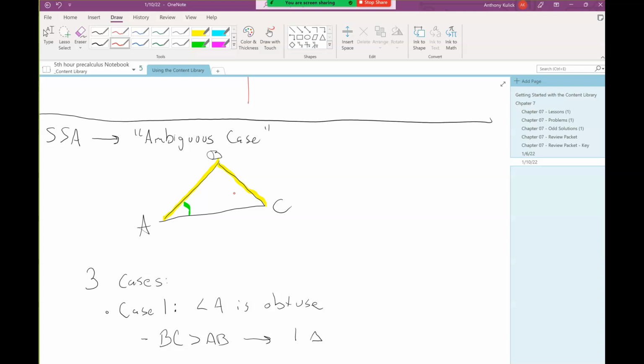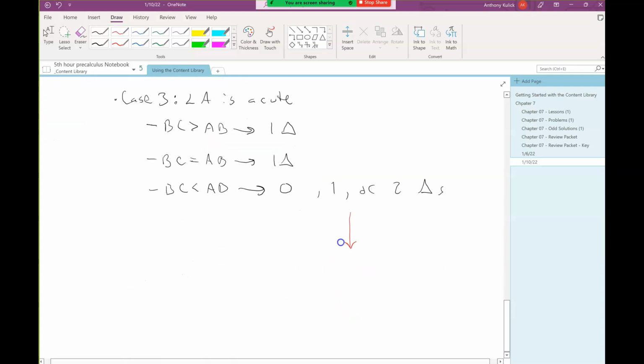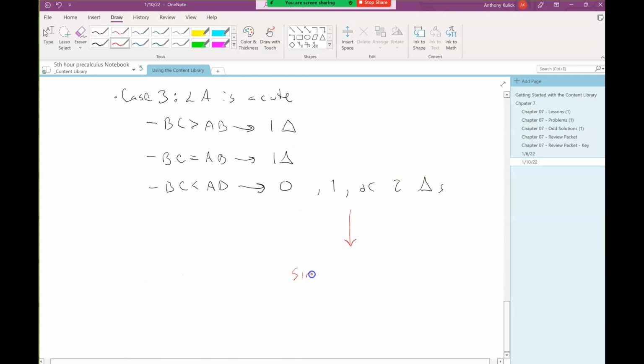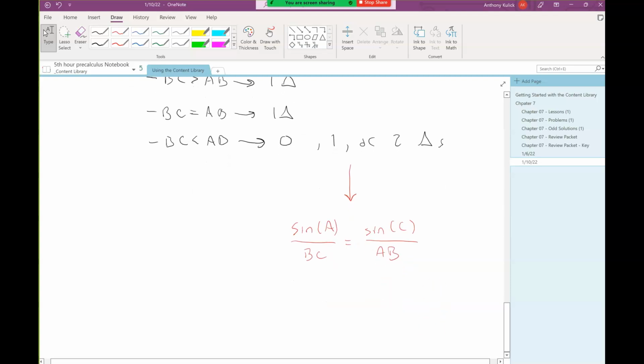So I'm going to set up that law of sines problem. I'm going to say sine A over BC equals sine C over AB. And the piece that I don't know is the C in the sine C, I guess I should say.